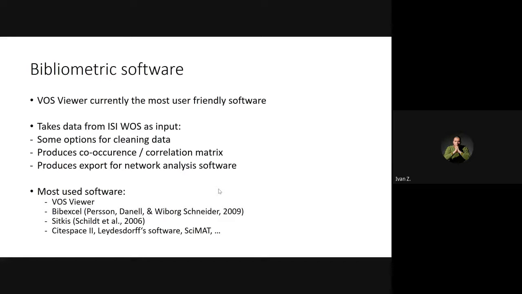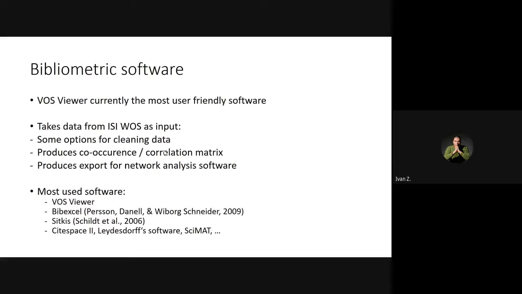Because, for example, VOS Viewer does have some options for visualization, but network analysis software like Pajek or UCINET are much more sophisticated. So you can also calculate some network centrality measures and so on, and have many more options for visualization. VOS Viewer can do some basic visualization, but network analysis software is much better in this respect.